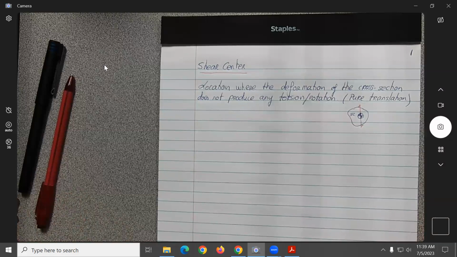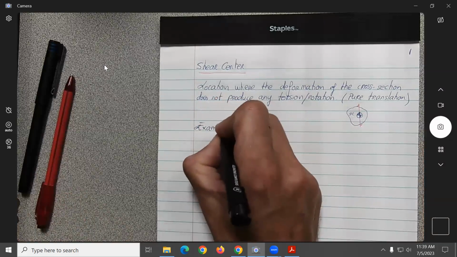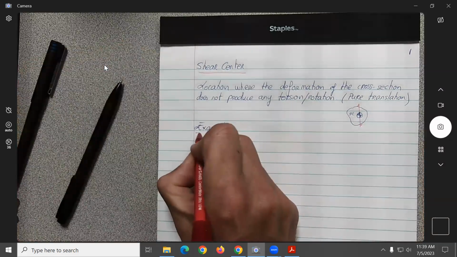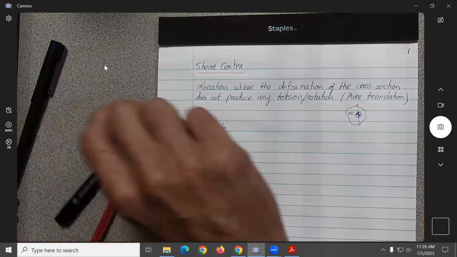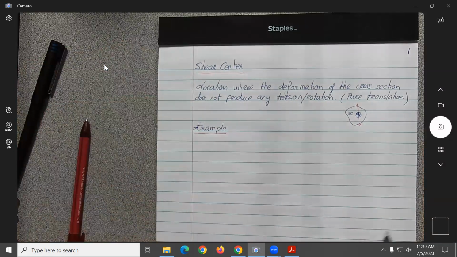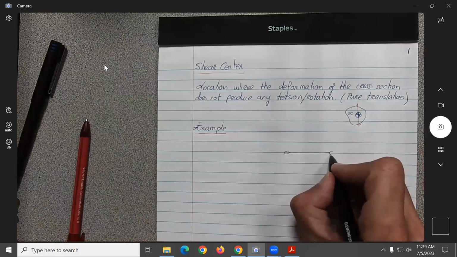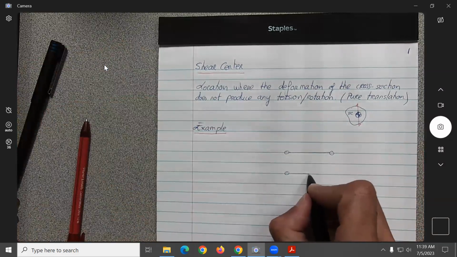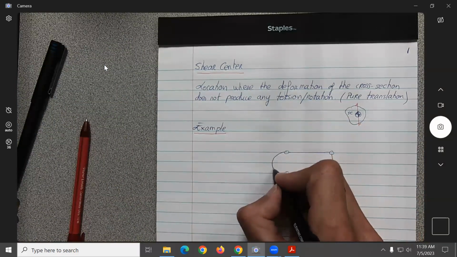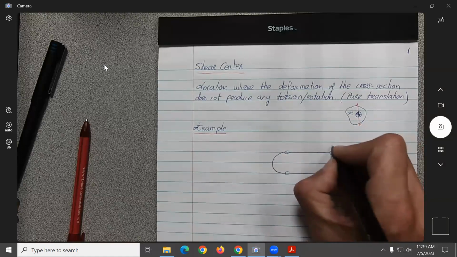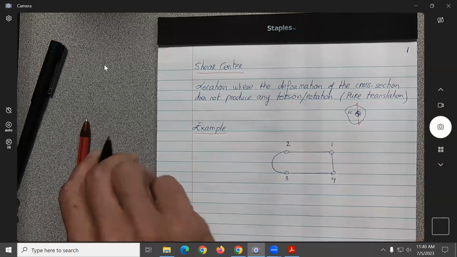That's basically what we're going to be doing, through an example. So let's do an example here. I'm going to do a statically determinate one for simplicity. So let's say we have a cross section here, the simplest one we can do, with just 4 spars or 4 stringers. 1, 2, 3, 4, symmetric.